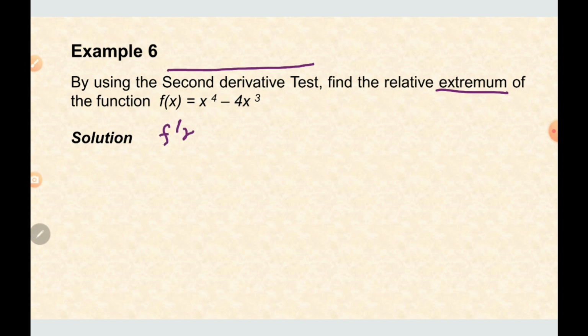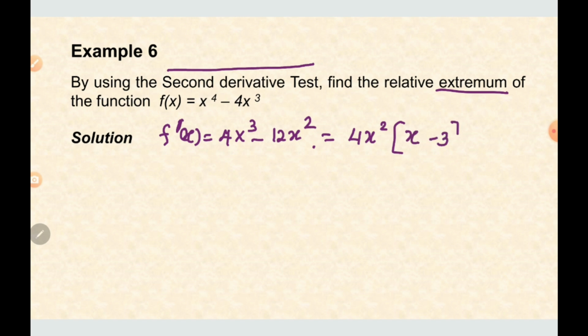We have f prime x equals 4x to the power of 3 minus 12x squared. Then you need to factor out 4x squared, and the remaining is x minus 3.